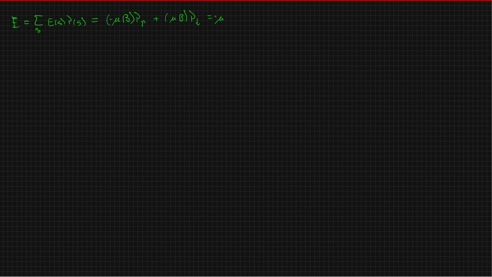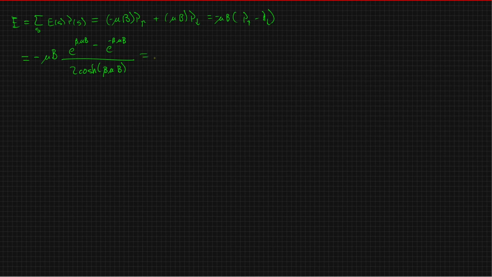Combining that, minus mu B times P up minus P down. Oh, yikes. That's a P. So if we put everything in, we get minus mu B times e to the beta mu B minus e to the minus beta mu B all over 2 cosh of beta mu B.